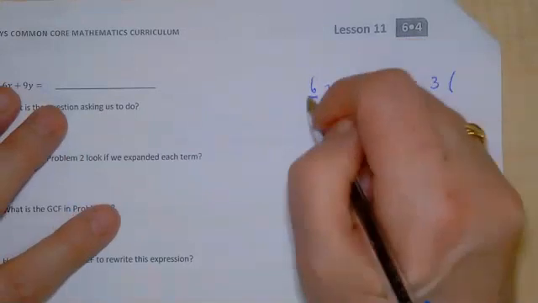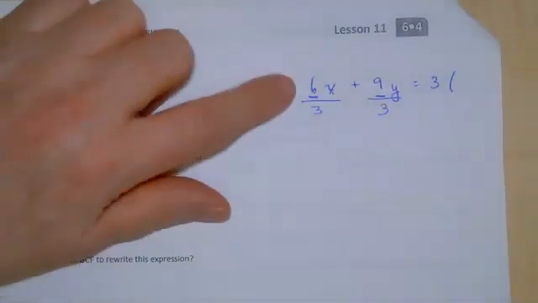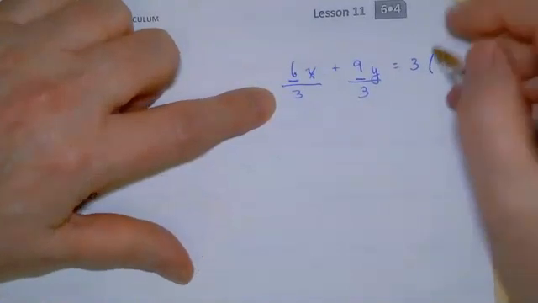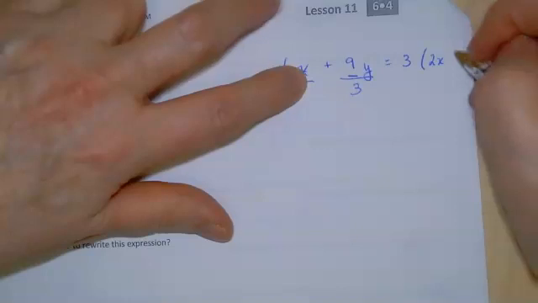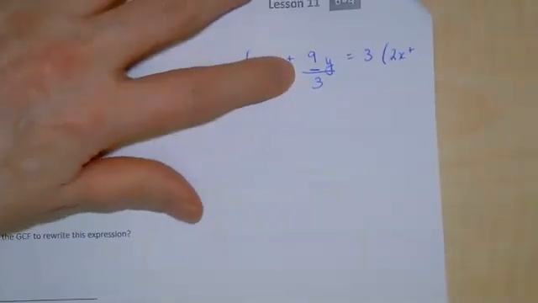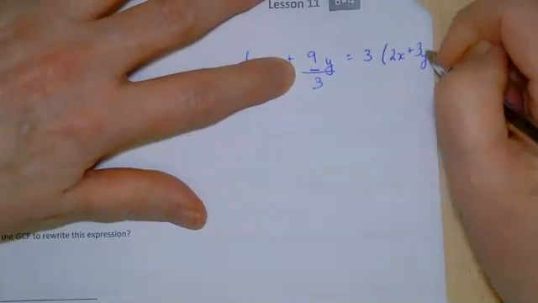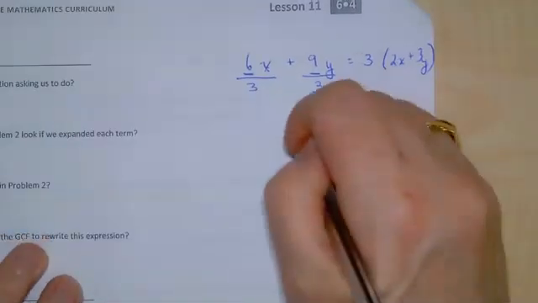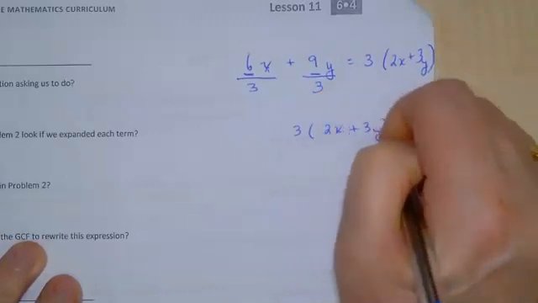Now let's divide both of these by 3 and see what's left behind. 6 divided by 3 is what? 2x. There's the plus sign. And 9 divided by 3 is 3y. And so you're left with 3 times 2x plus 3y.